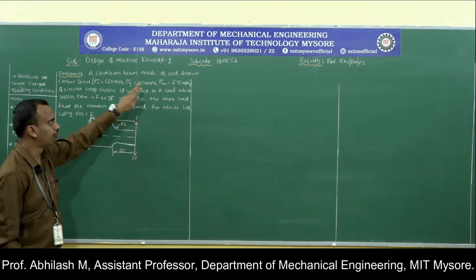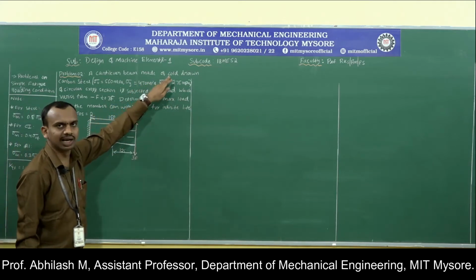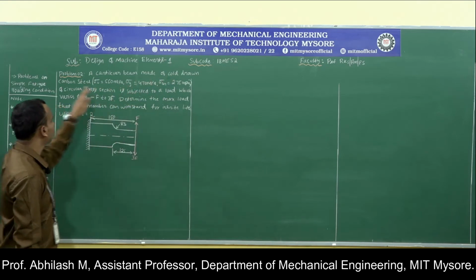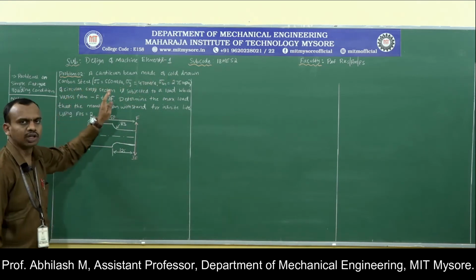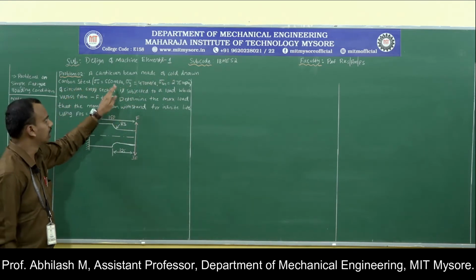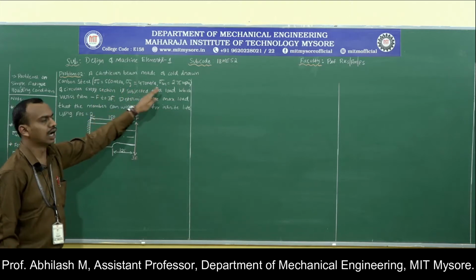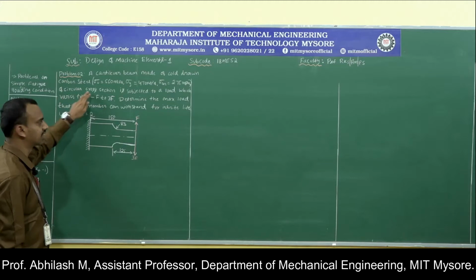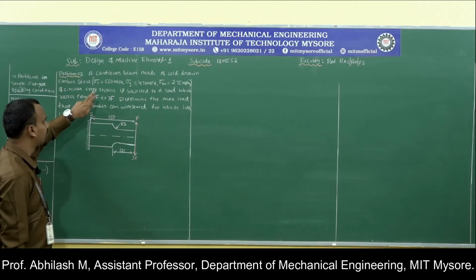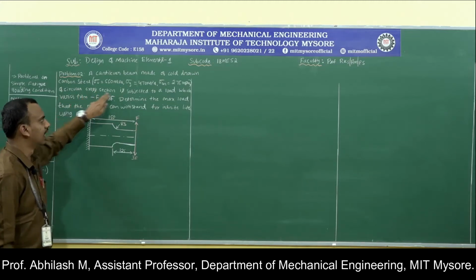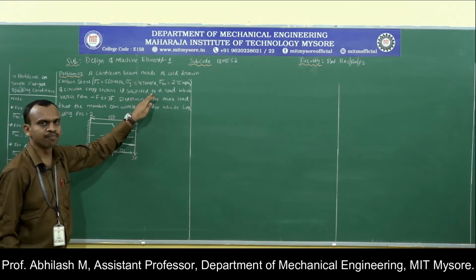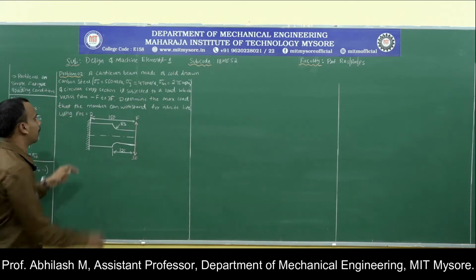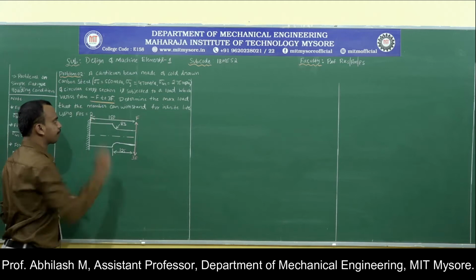For the cold drawn carbon steel, they only specified the properties sigma u, sigma y and sigma endurance. Next, the member is of circular cross section and is subjected to a load which varies from minus F to 3F.